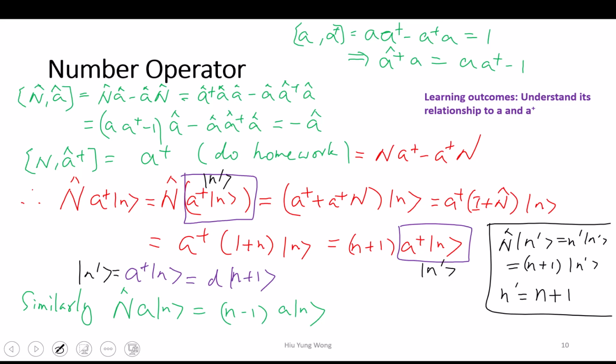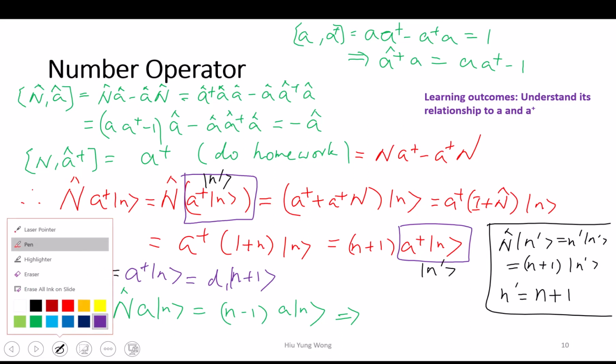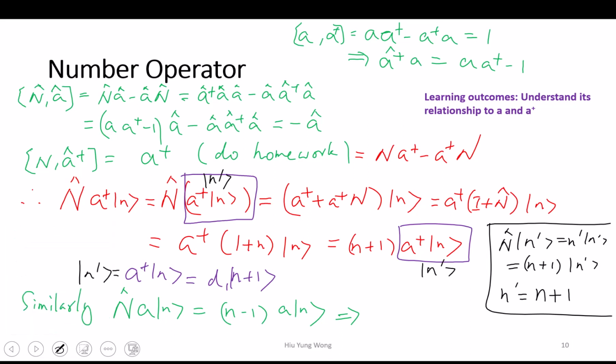Okay? So again, let me call this D1 maybe. So I will expect to get this again. A operating on n equals D2 times n minus 1, right?